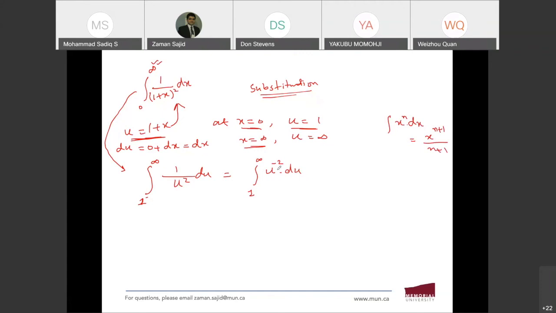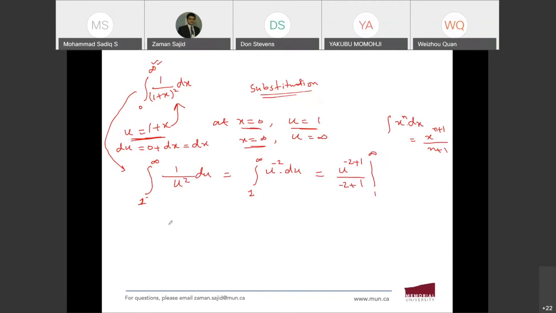So now I can solve this: u to the power of negative 2 plus 1, over, I divide by the new power. And because I have the integration, I need to put my limits here. This is what I was talking about, that you need to know how to apply your limits.